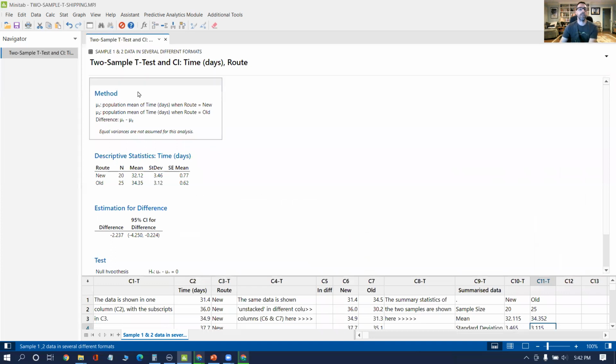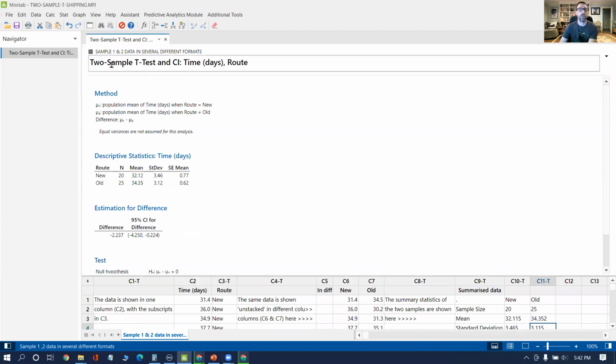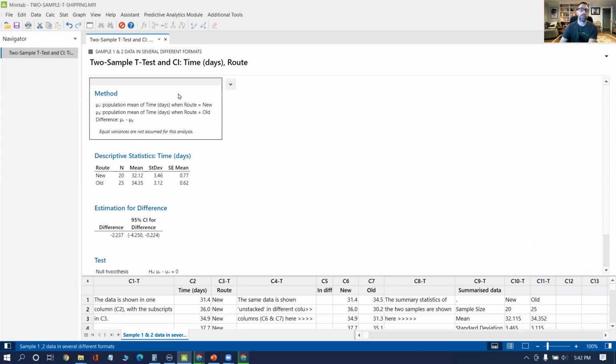Gives me my output right here. It tells me I'm doing a two-sample t-test and confidence interval for time in days, which is the name of the column, versus route. It gives you some information about the test that I'm doing. So mu sub 1 is the population mean when the route is new, and mu sub 2 is the population mean when the route is old.